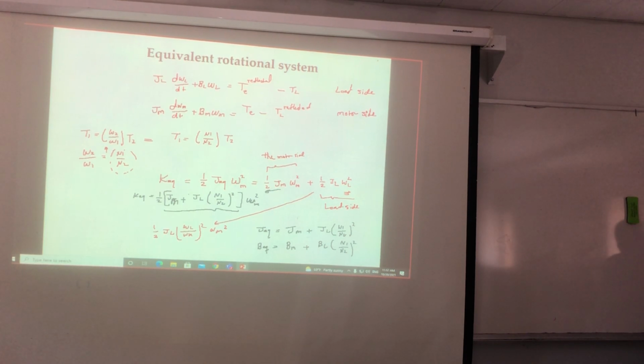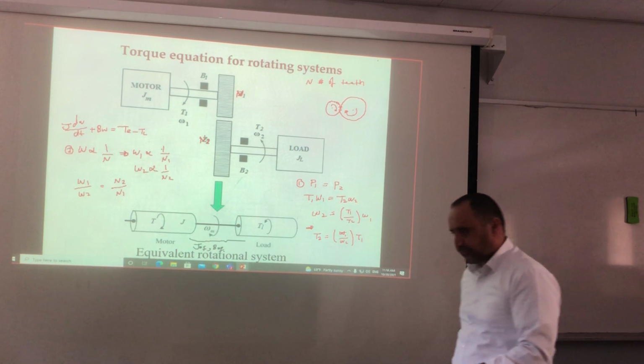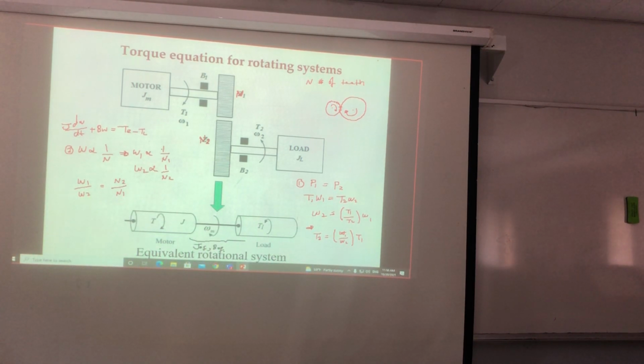This means I can represent the system with a single system, which rotates with a single omega speed, having J equivalent and B equivalent. So I need only a single equation to represent the mechanical system.